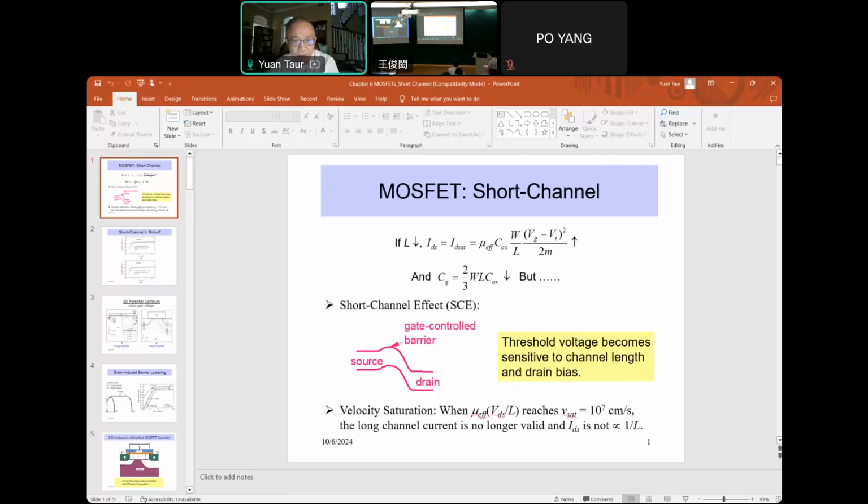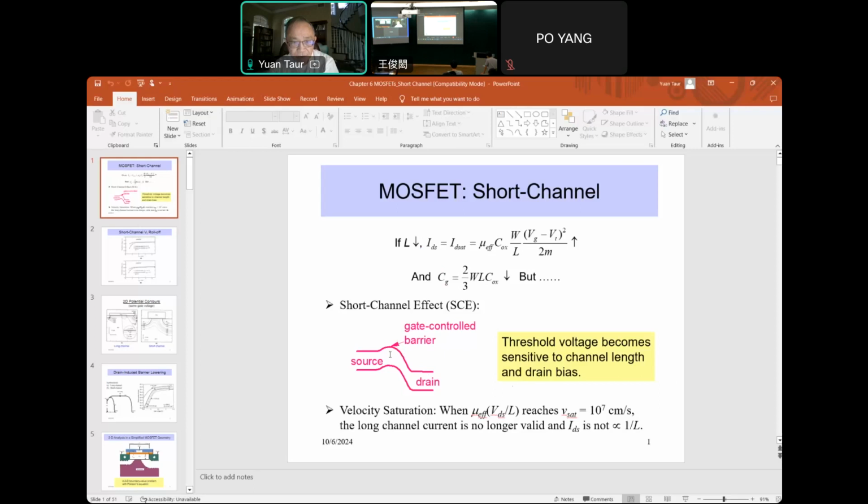In one word, short channel effect is the effect of the source and drain, which we have not considered in chapter 5, because for a long channel, source and drain are very far away and there's very little effect. But when the channel length is short, source and drain are close together, and then they will affect the current.